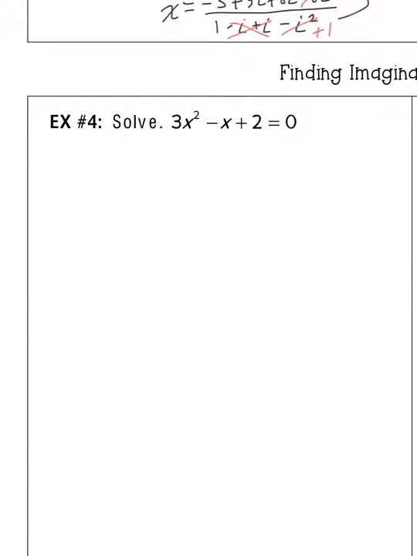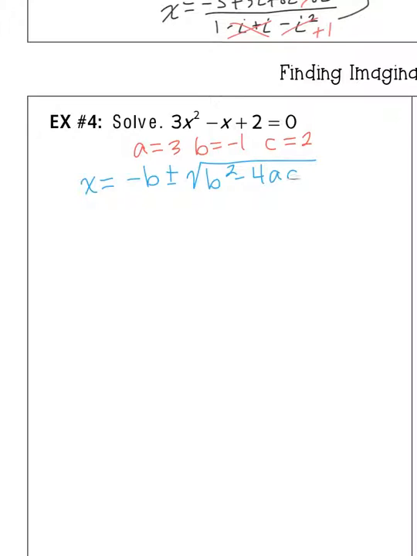So I have 0 on one side and everything on the other, so I'm going to list out my a, b, and c. So a is 3, b is -1, and c is 2. So if you recall, the formula is x is the opposite of b plus or minus the square root of b squared minus 4ac all over 2a.